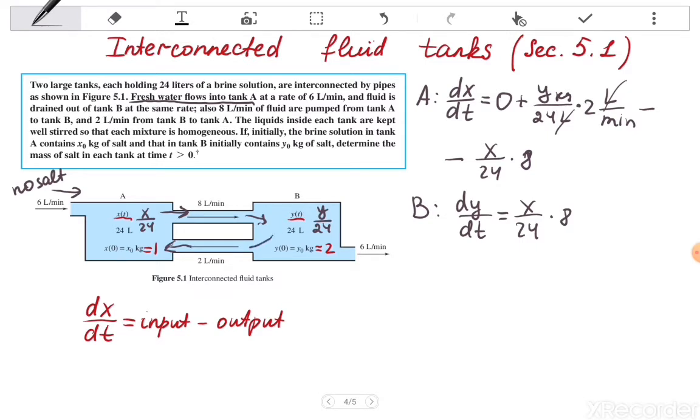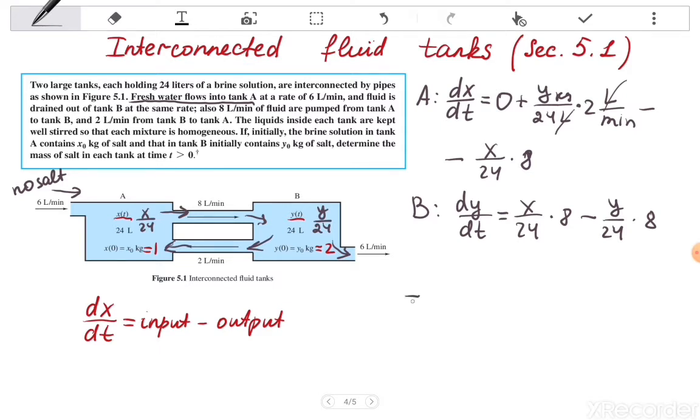And the output is through this one and this one. So the output concentration is y over 24, and since the same concentration of salt will be flowing out of these two pipes, the common velocity is 6 plus 2, which is 8. So we obtain this rate of output.